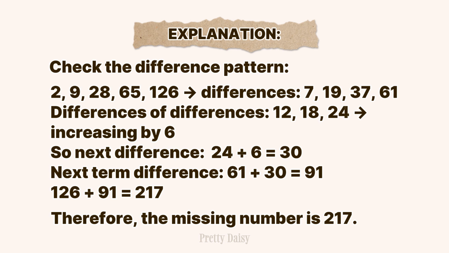Differences of differences: 12, 18, 24, increasing by 6. So the next difference is 24 plus 6 equals 30. Next term difference, 61 plus 30 equals 91. And 126 plus 91 equals 217. Therefore, the missing number is 217.